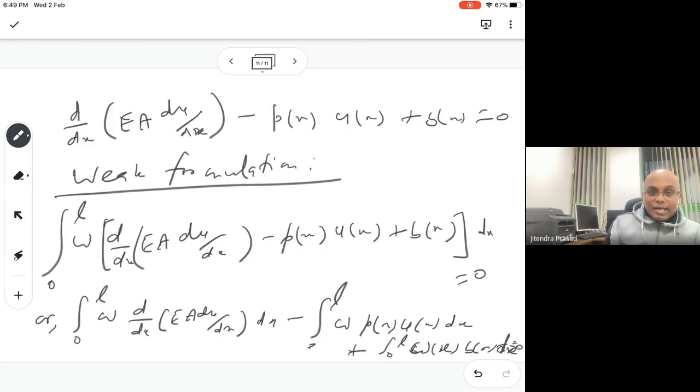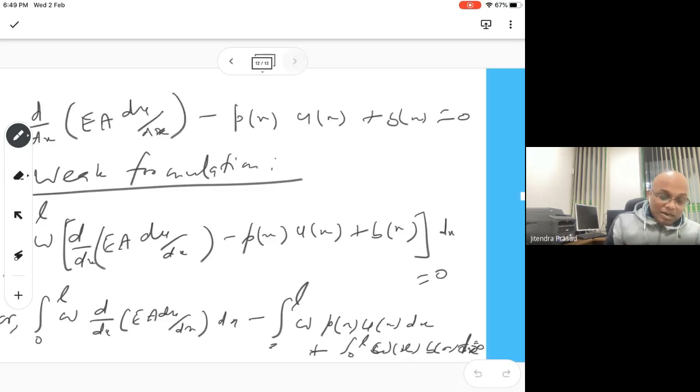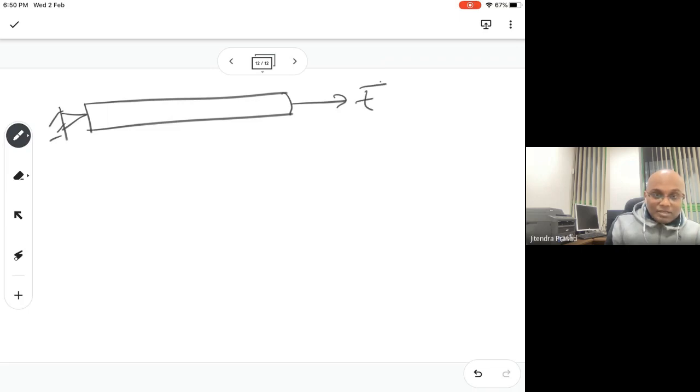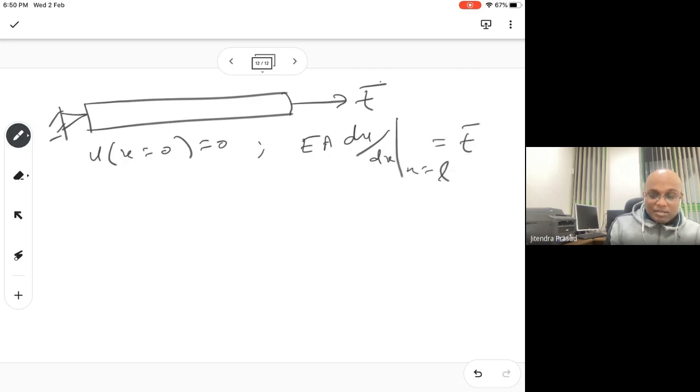Since the problem says this end is fixed here, and here you have a t bar which is given, your boundary conditions are: u at x equal to 0 is a boundary condition, and at x equal to L you have t bar. So sigma times A, or EA du over dx at x equal to L, equals t bar.